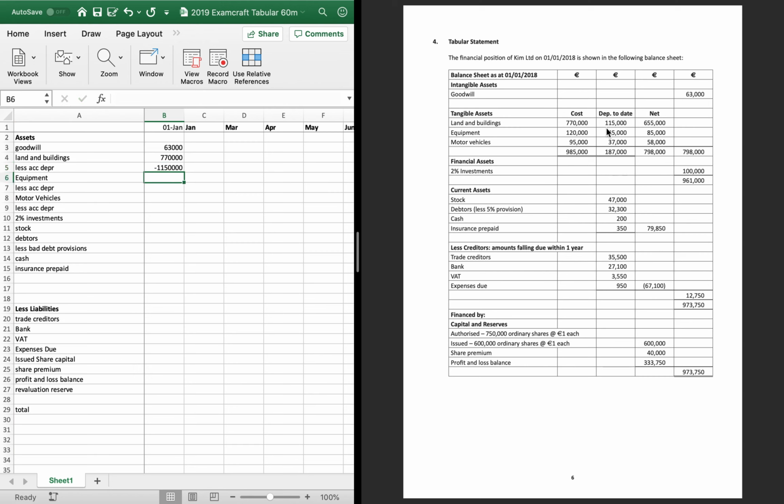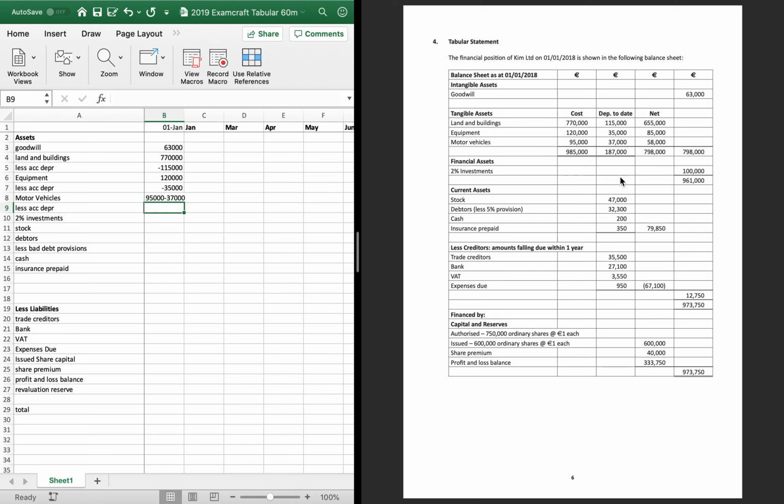That gives you the difference, which you're obviously not going to put in. So that's our start there. Sorry, it's 115. Equipment, same thing, 120, and then minus 35. And vehicles, 95,000 minus 37.